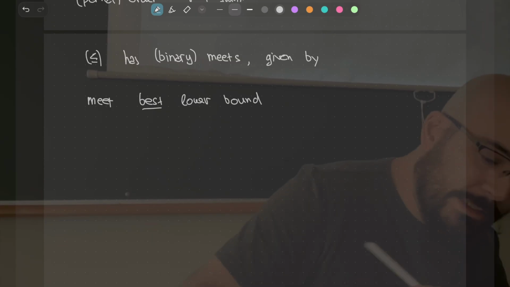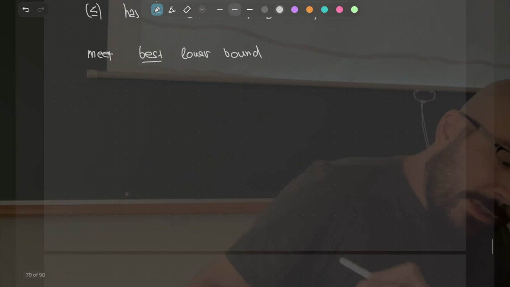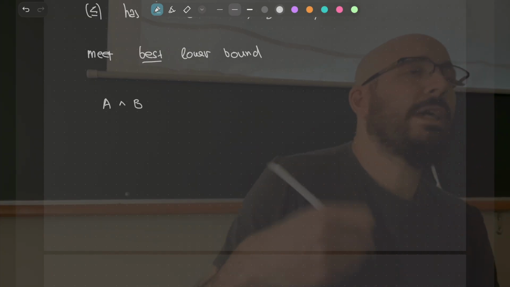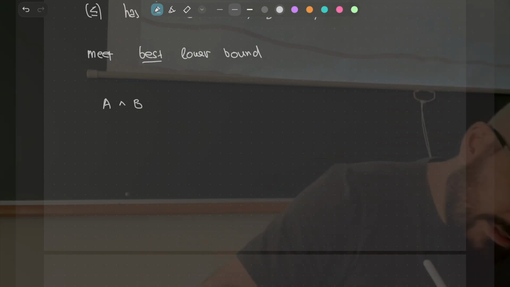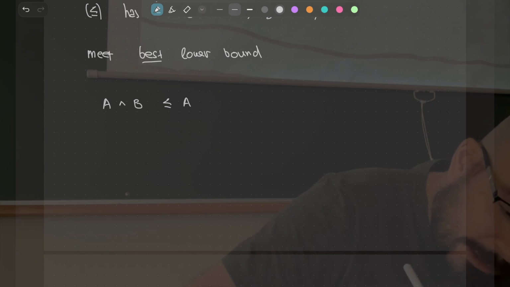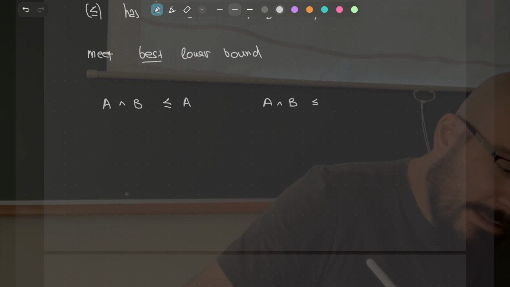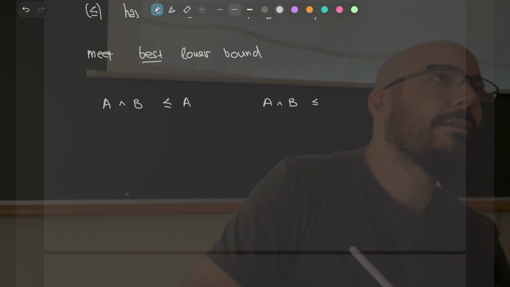So, first of all, what is a lower bound? So, the meet, which we denote like that, what a coincidence, must be a lower bound of A and B. So it has to be below them. So first of all, it's below A, and second of all, it's below B. You are probably thinking of conjunction, and this is like a good reason to avoid this symbol until this lecture.